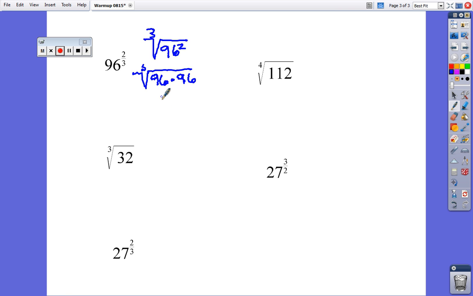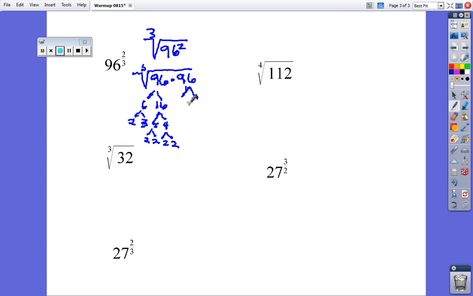There's many different ways to find the prime factoring. Here I can take 6 times 16. And of course that breaks down to 2, 3. That's 4 and 4. Of course that'll break down to 2, 2, 2, 2.